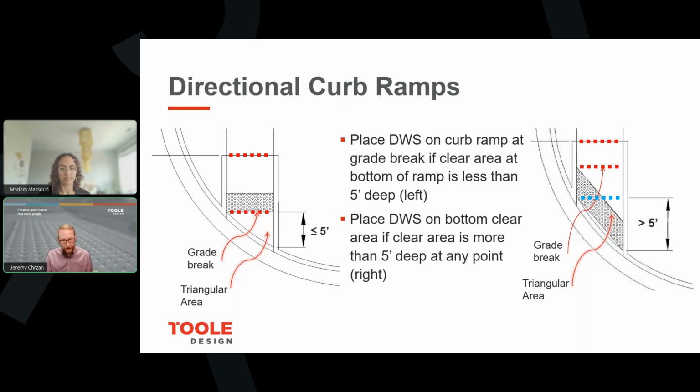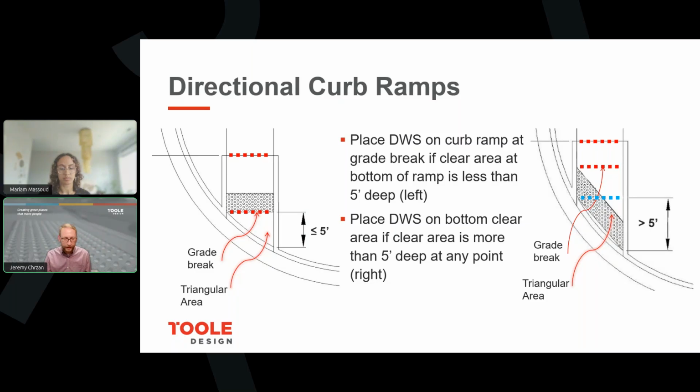It's worth noting that the triangular area shown in both of these designs is considered a clear area. You do want to alter the slope of that to tie in with your crossing, so it will not match the slope of your ramp itself. So you do have a grade break. We'll use the image on the left.